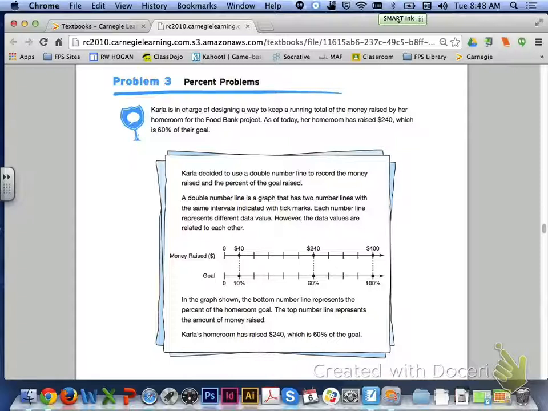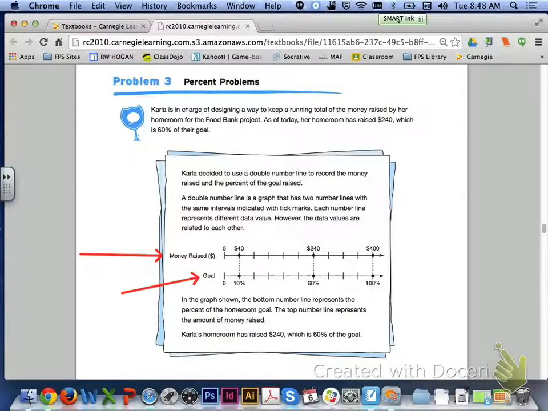A double number line is a graph that has two number lines with the same intervals indicated with tick marks. Each number line represents a different data value. However, the data values are related to each other. In the graph shown, the bottom number line represents the percent of the homeroom goal, and the top number line represents the amount of money raised.